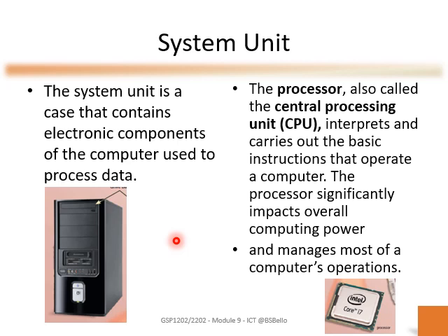You may have the words system unit and central processing unit. It is important to know that these two are different. A system unit is a case that contains the electronic components of the computer used to process the data, while the central processing unit is the processor, which interprets and carries out the basic instructions that operate the computer.